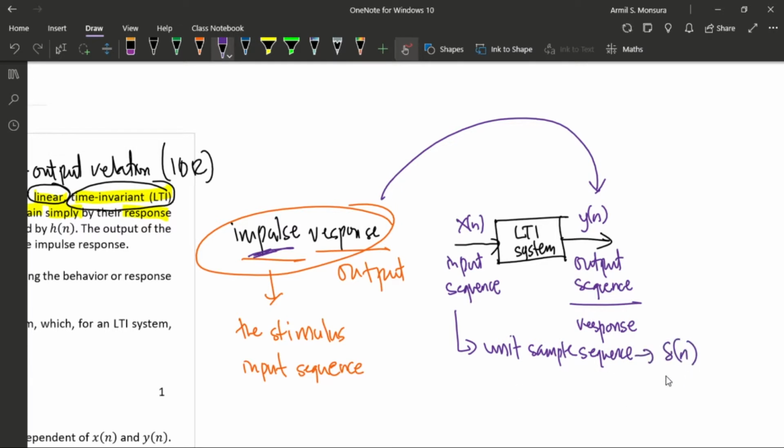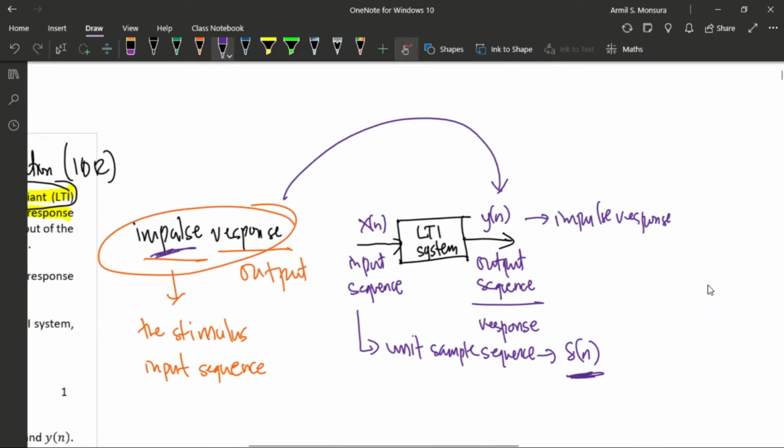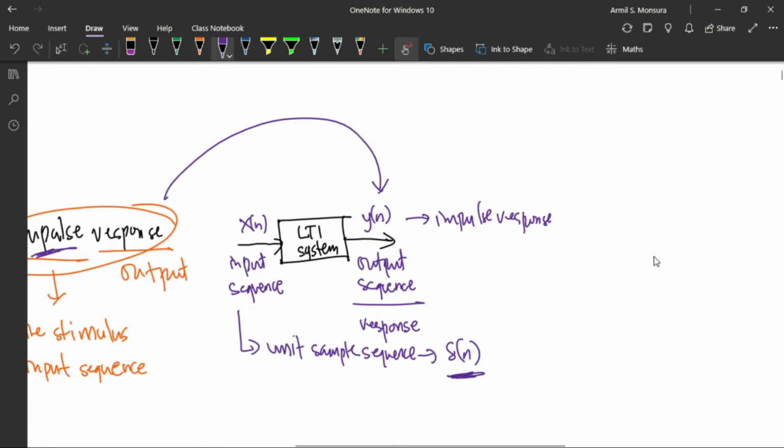When this is the input or the stimulus to our system, the output is termed the impulse response. We will use a special, unique symbol for our impulse response: we will use the symbol h of n to refer to the sequence representing the impulse response.